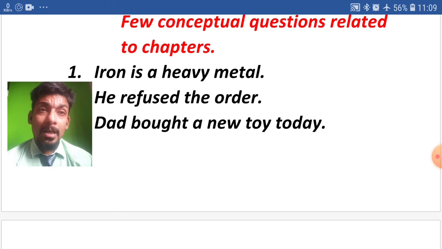And a new toy today is the object. And hence, right from the part bought till the part today, they make the predicate. Why? Because it contains what? Verb and object.